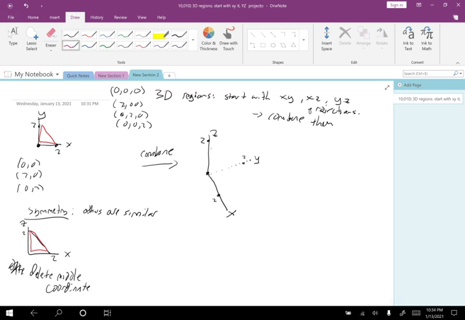So first I'll do the zx, what we did here. And then, I mean, you don't need to use colors, it just helps me. And then I'll do the xy.